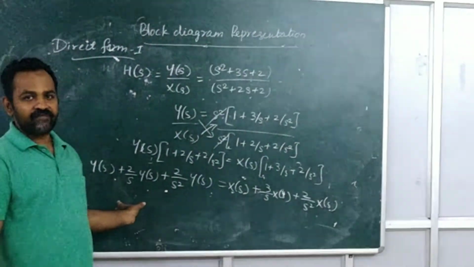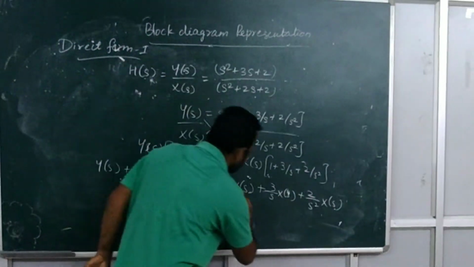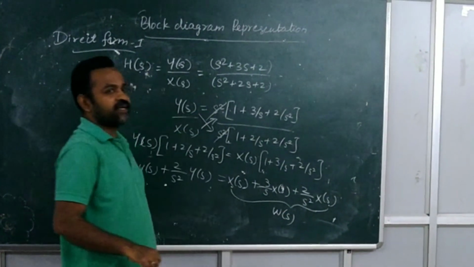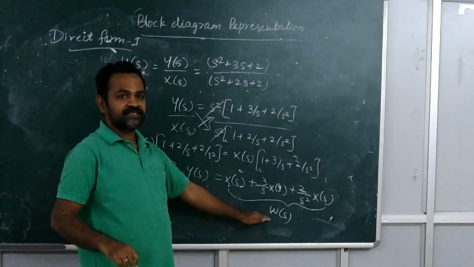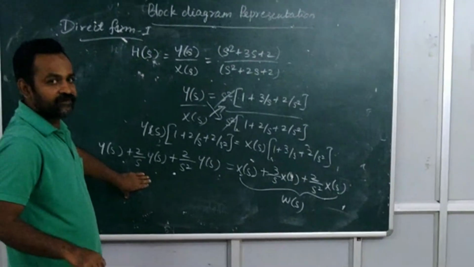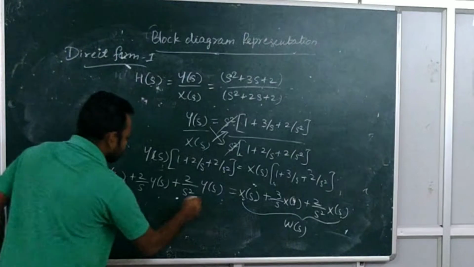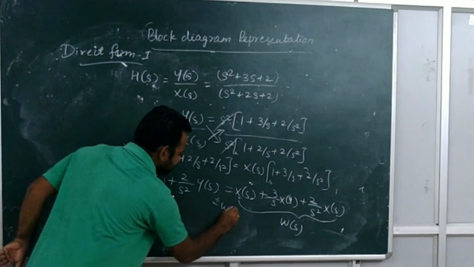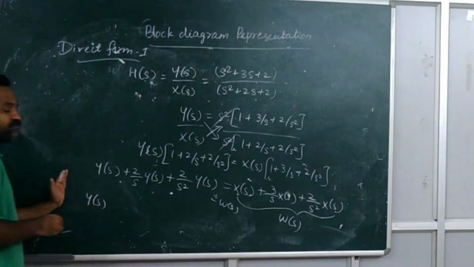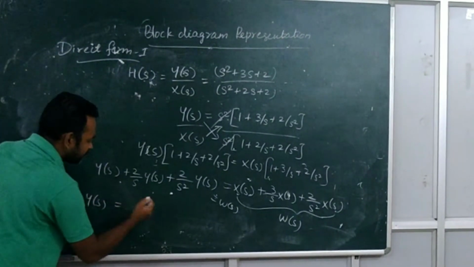On the left hand side you have the y of s components, and on the right side you have the x of s components. Now we can assume this is w of s. We are assigning a new term and calling it w of s, so this entire left hand side equation is equal to w of s. Equating it to w of s, you keep y of s alone outside, and the rest you bring to the right hand side.